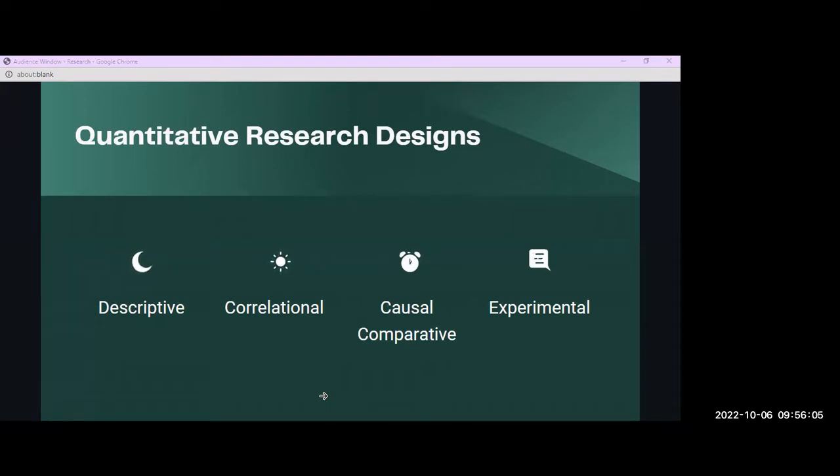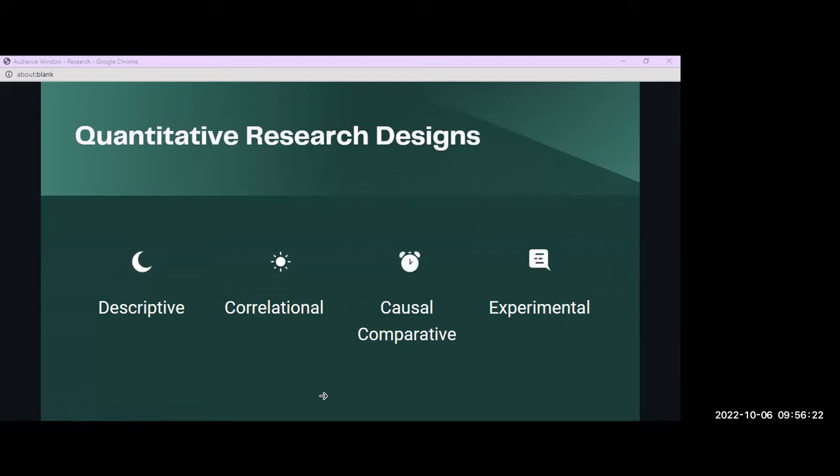This is a design that answers the question what. For example, if the question is, what is the demographic profile of the students in our institution? Then this is descriptive in nature.